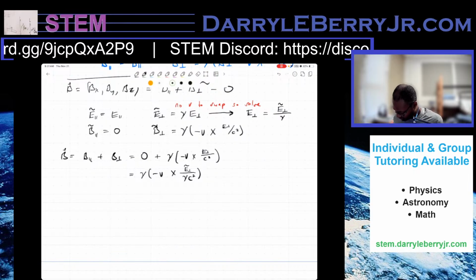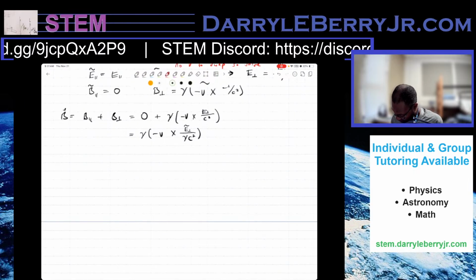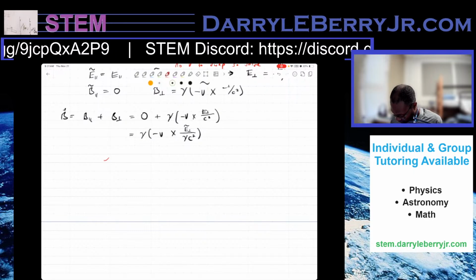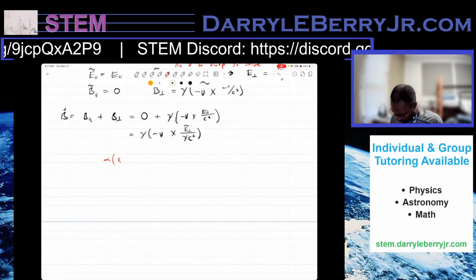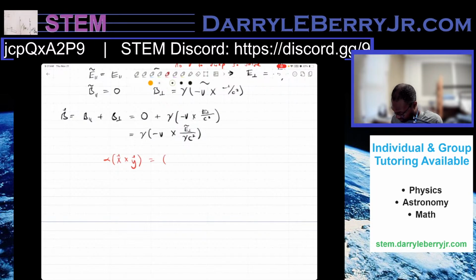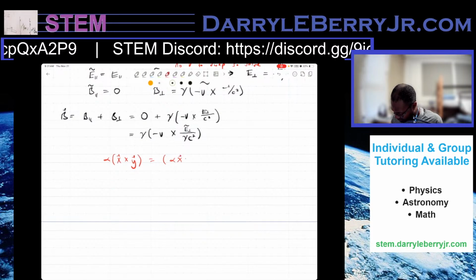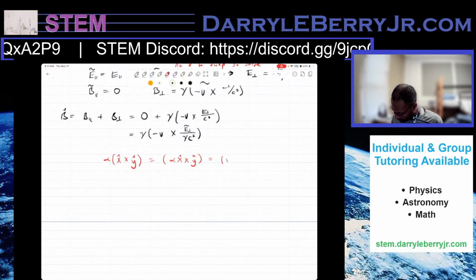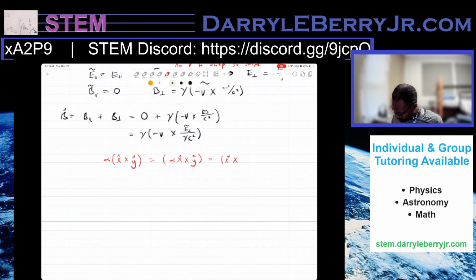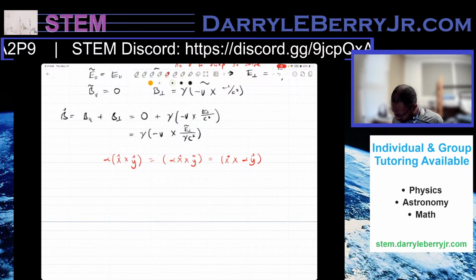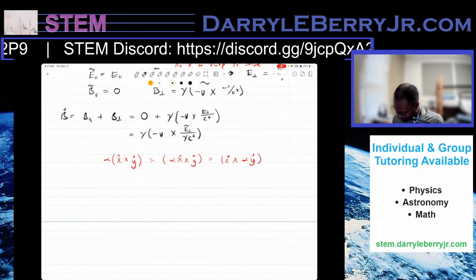And when we have a cross product, alpha x cross y is the same thing as x cross alpha y, which means that I can take this 1 over gamma and extract it.